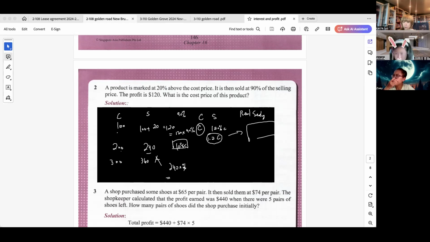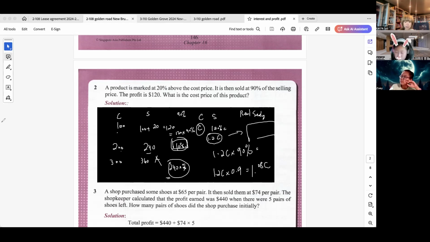Nobody knows? So how do we get 108? It is 1.2 C times 90%, which is 1.2 C times 0.9 equals 1.08 C.